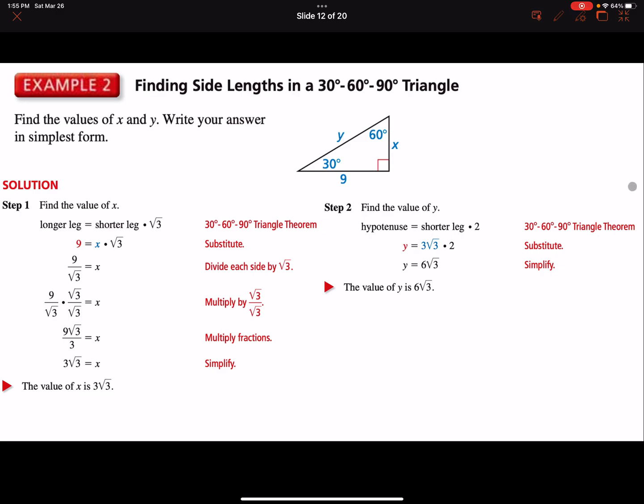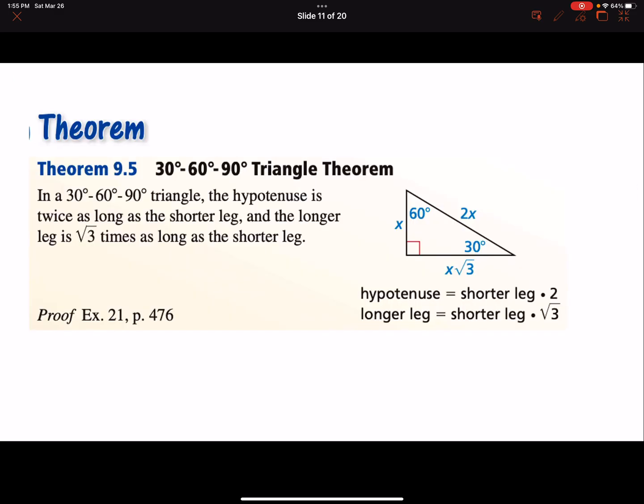This is why I gave you guys that disclaimer that when we are looking at these theorems, same for the 45, 45, 90 as well, that it's not going to look exactly like this. I'm not just going to have a whole number as my smallest side, and then that number times root 3 as my largest leg, okay?